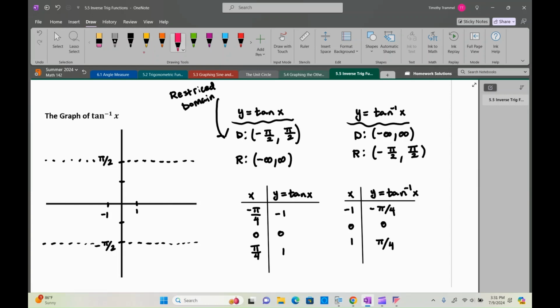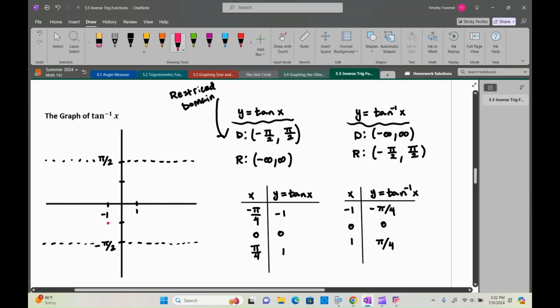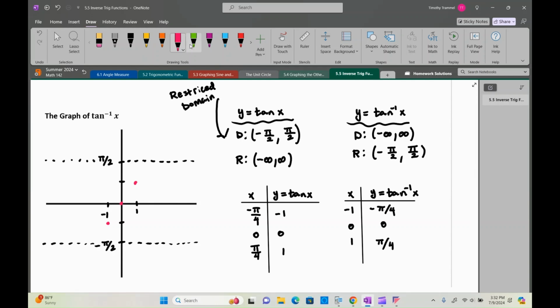There we go. So let's put in our 3 points. We have minus 1 comma minus pi over 4, we have 0 comma 0, and then 1 comma 1. So again, we'll see what's going to happen here on the calculator in a second.